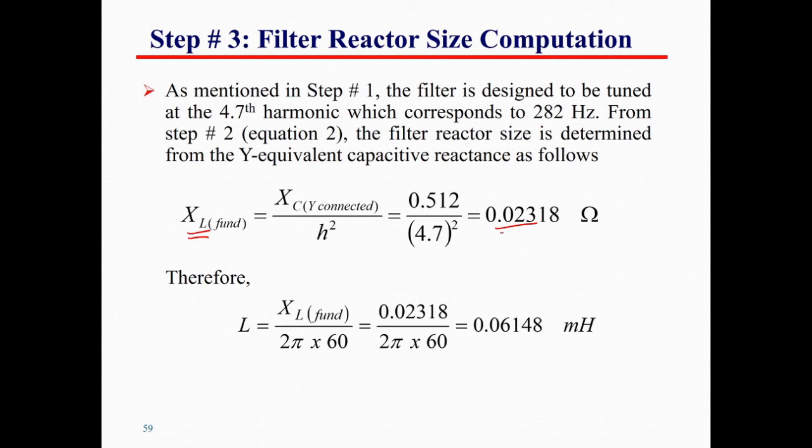So that will be 0.023 ohm, and then we can calculate L. Okay, so this is how we can design or select the value of the inductance.